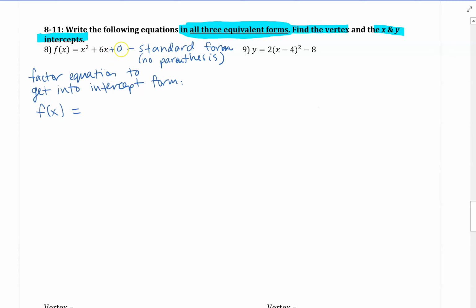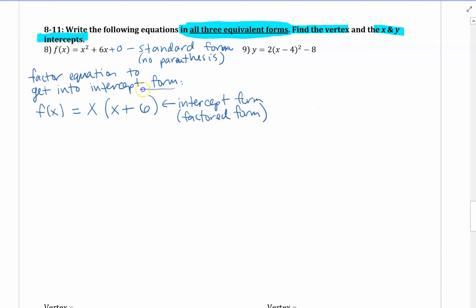Because there's no number without an x, each term has an x, and therefore I can factor an x out from each term, leaving me with 2 factors, x times x plus 6. So that one is in intercept form simply because it is factored. That's why you can also think of intercept form as factored form.